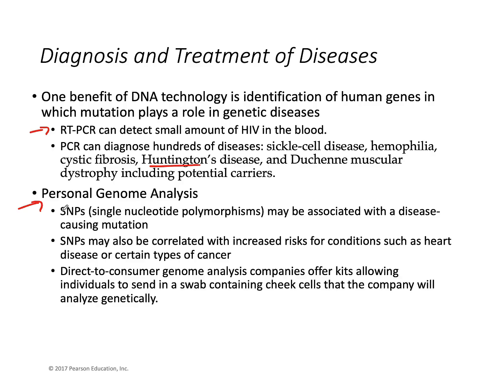You can send a spit swab to places like Ancestry.com or 23andMe, these direct-to-consumer genome analysis companies, and they will give you an entire profile of your genome analysis. Are you at an increased risk for heart disease, cancer, all sorts of different things based on SNPs and your actual genes.